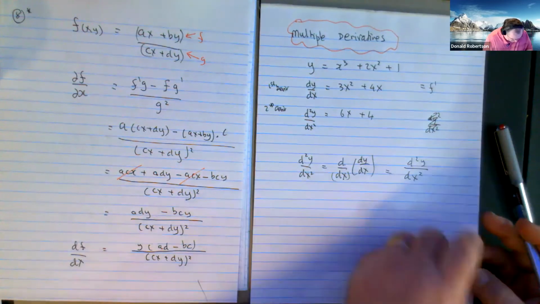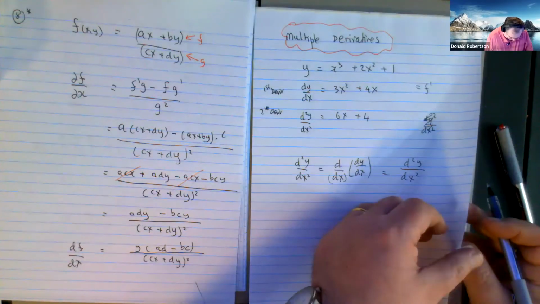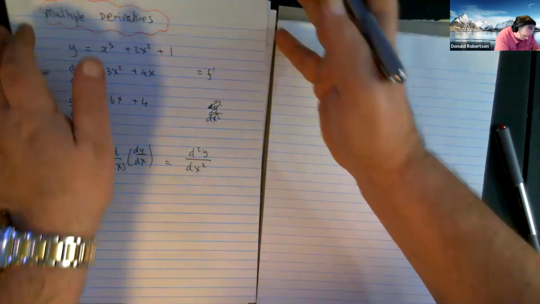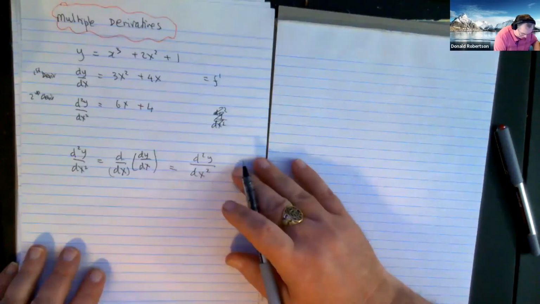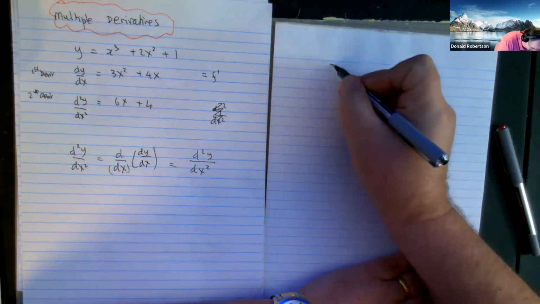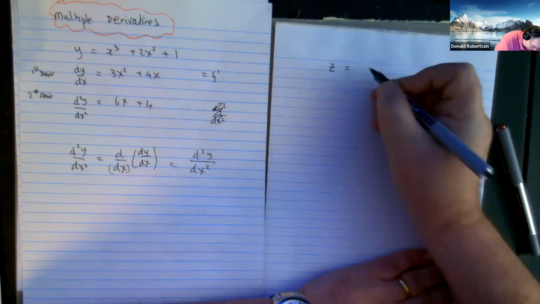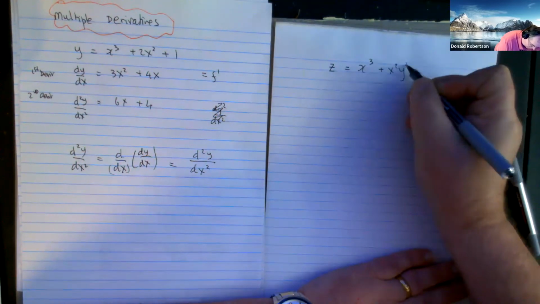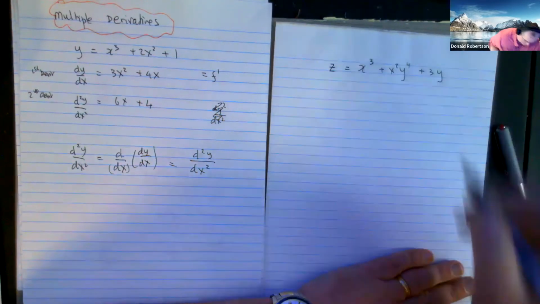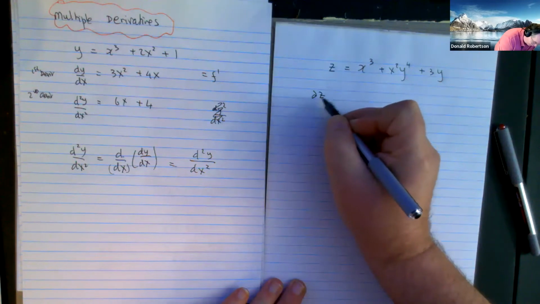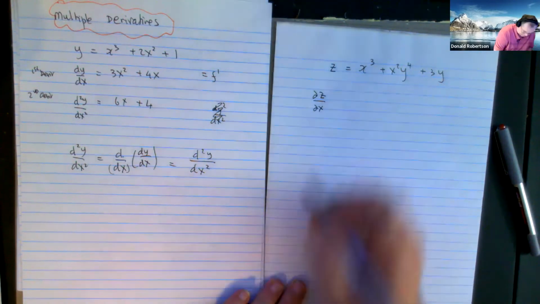So we are going to now do second and third and as many derivatives as you could possibly want of a function. So I'm going to begin with this guy. And I'm going to find his partial derivative with respect to x.